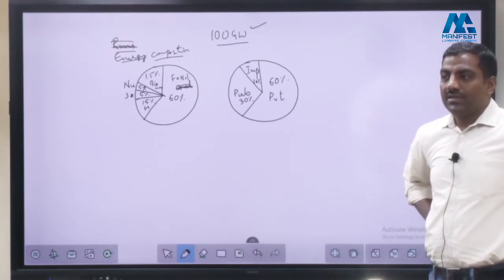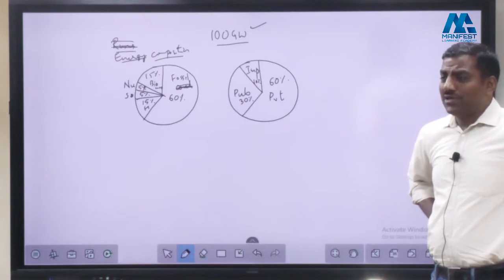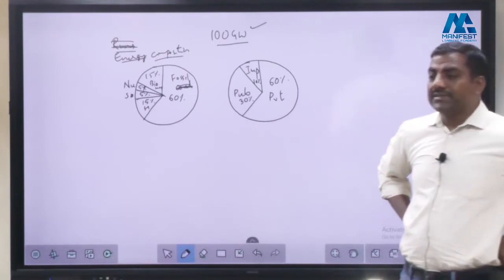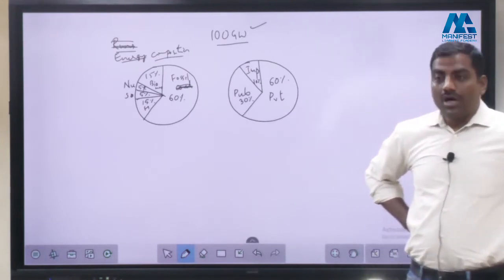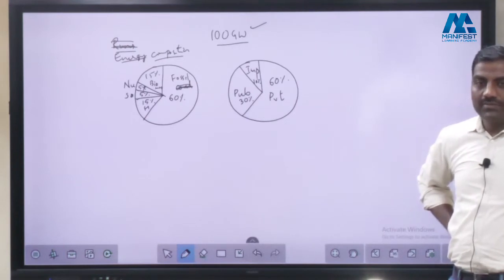How much is that? 15 times 6 is 90, discard that 0. 9%. That means out of this 100 gigawatts, 9 gigawatts is procured from private sector hydel power plants. So that is the understanding.